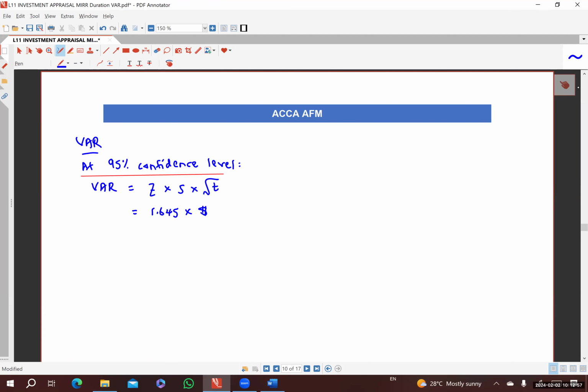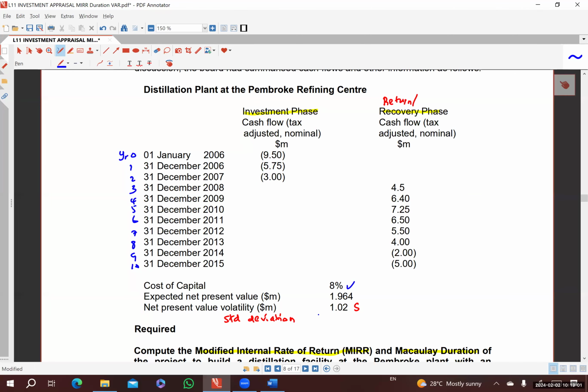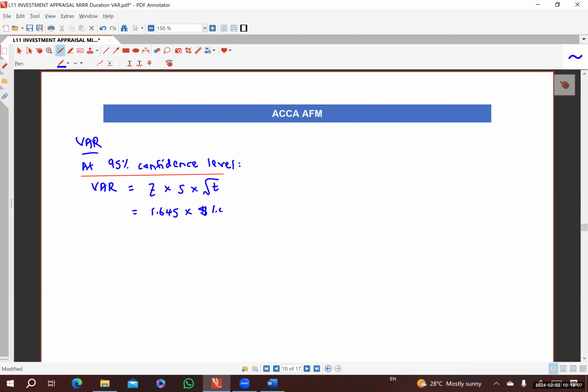S is standard deviation, 1.02 million. Then the square root of time, the project is 10 years. So that is value at risk: $5.31 million.